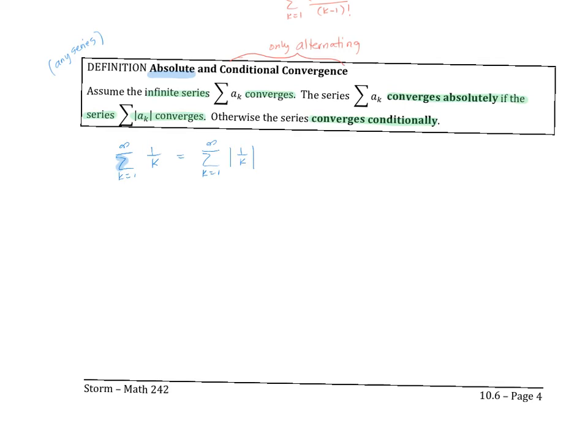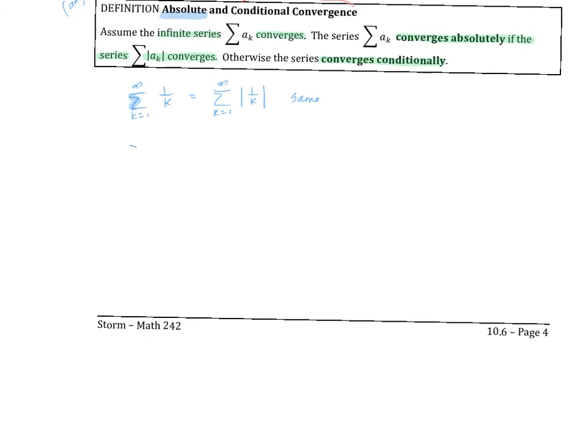Because k is starting with 1, so whether I look at with or without absolute values, it's the same. So in this case, when it's not alternating, whether you check absolute value or without the absolute value, it's the same, which is why we don't talk about conditional convergence in series that are not alternating.